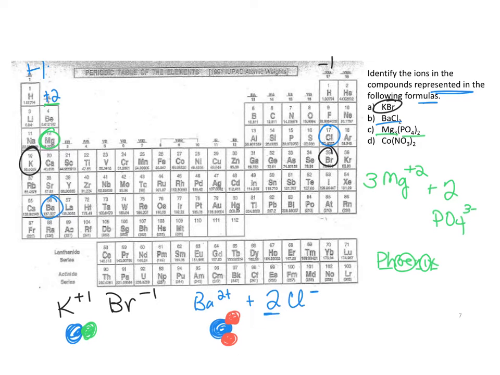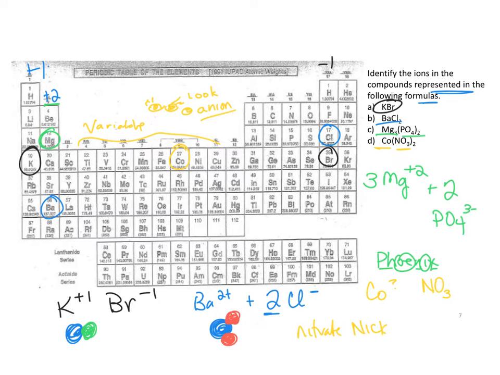And the last one, cobalt, Co. Co is in this variable charge. So in order to know what the charge is, we got to look to the, I'll draw some eyeballs here. We look at the anion. So what's our anion here? We don't know what that is. NO3, you know what NO3 is, nitrate.